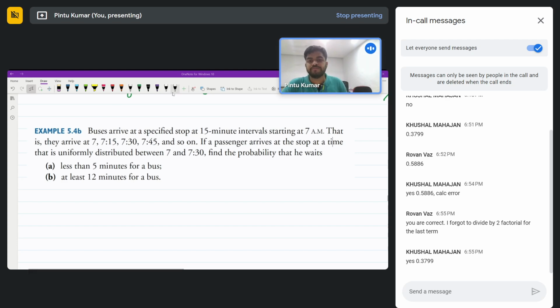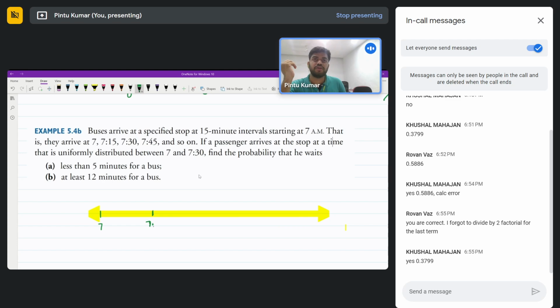So I can draw a figure probably. Starting from 7 a.m., let's say this is 7 a.m., the bus arrives at an interval of 15 minutes.